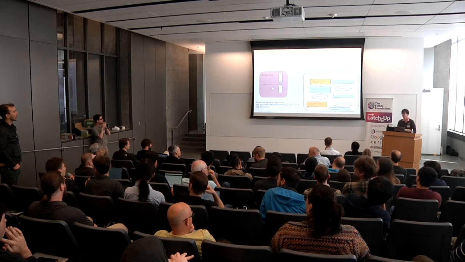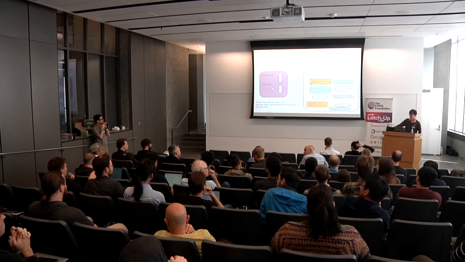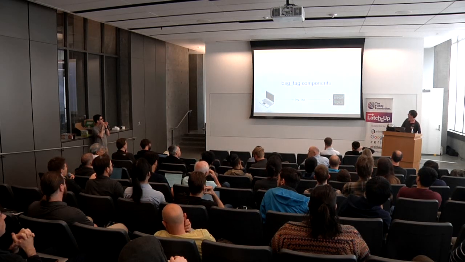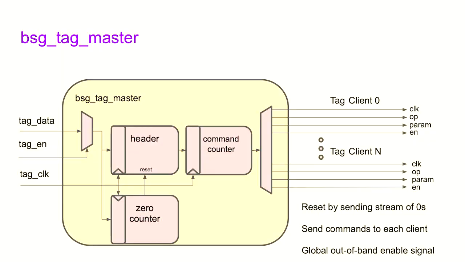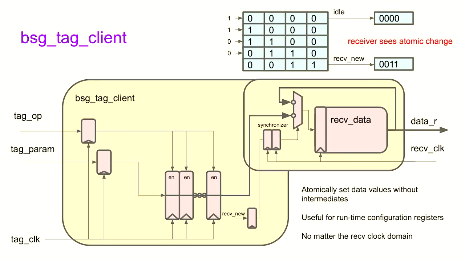For each configuration bit you obviously need to store the bit, so that will scale that way. But even in the synchronous case, you're storing 2 times the bits and then 3 other flops. So the overhead is fairly small. Thank you.